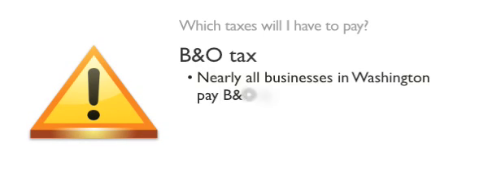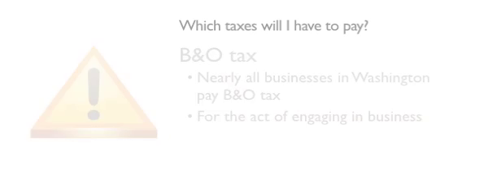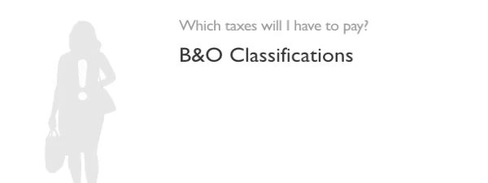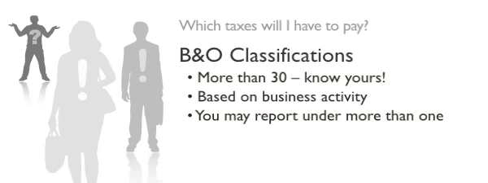Nearly all businesses located or doing business in Washington must pay the business and occupation tax, commonly called B&O tax. The B&O tax is a tax on the act of engaging in business. The B&O tax is divided into more than 30 classifications, which are based on the type of activities conducted by a business.